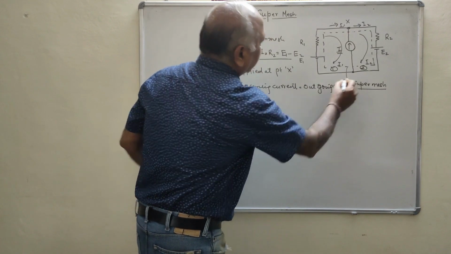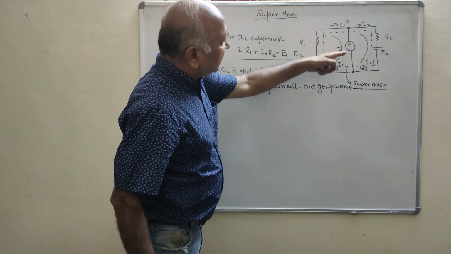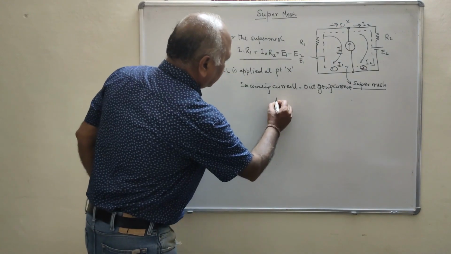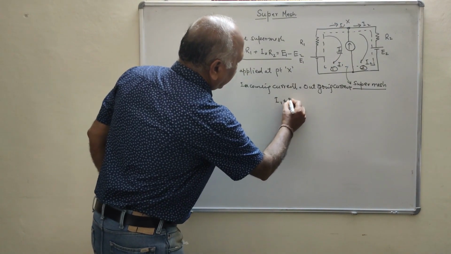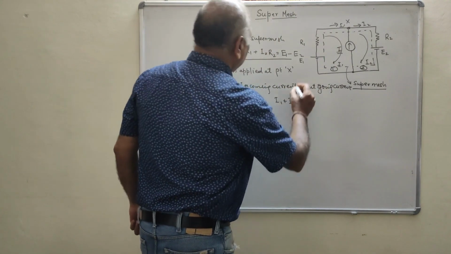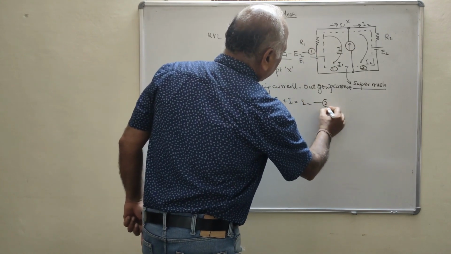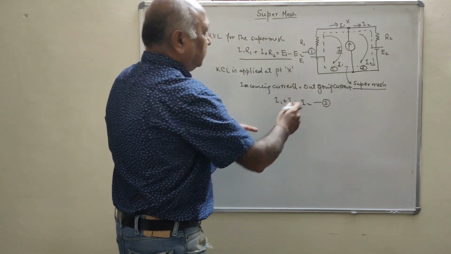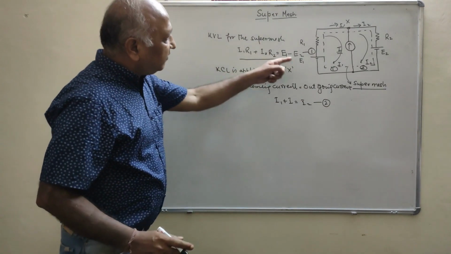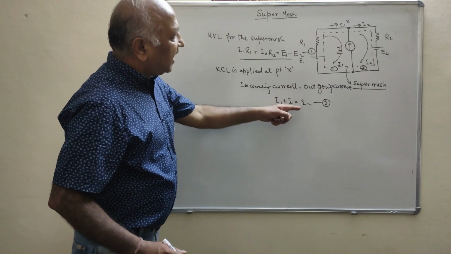At the junction X, the incoming current is I1 and this I, that is I1 plus I, and the outgoing is I2. This is equation number 1, this is equation number 2, and after solving 1 and 2 we will get the values of I1 and I2.